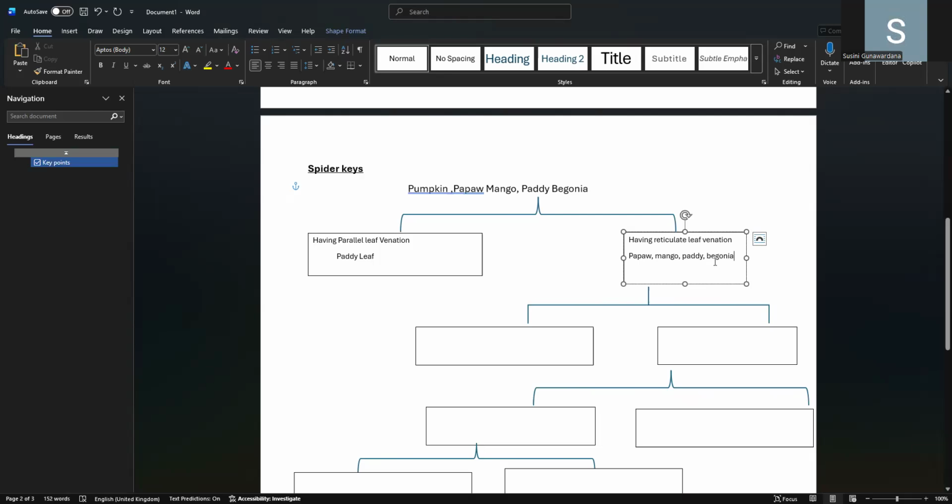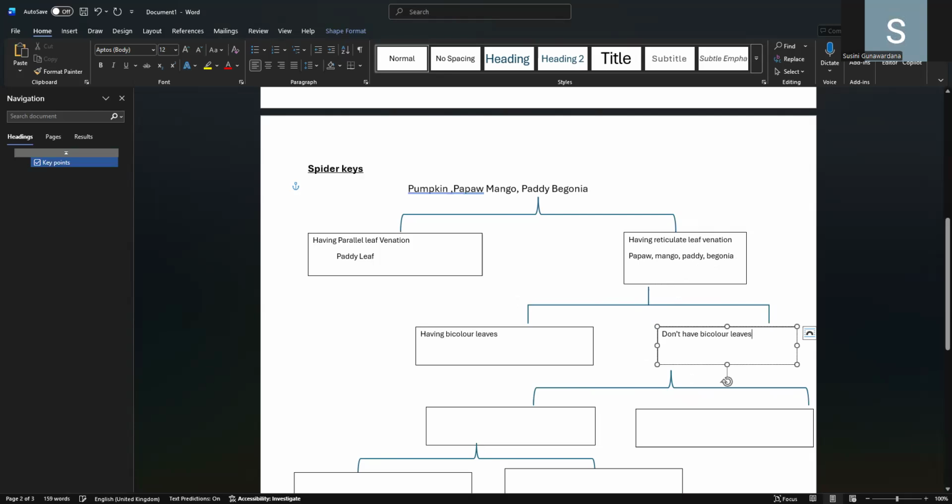According to that, I will be dividing like this: having bicolor leaf. Then to this one, I will take the opposite of bicolor: don't have bicolor leaves.